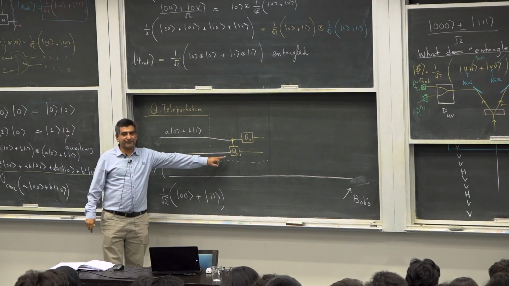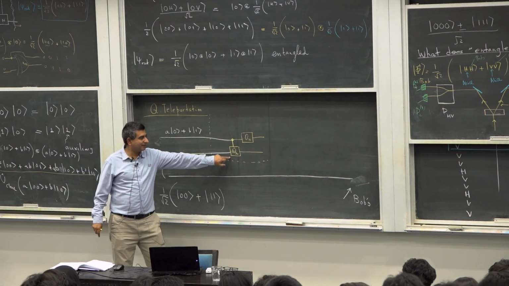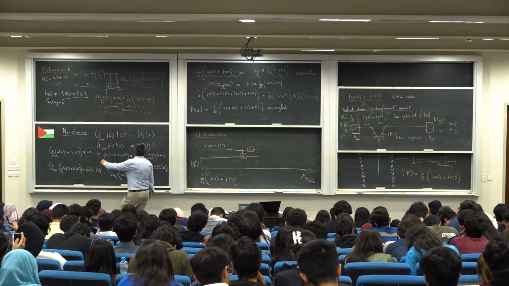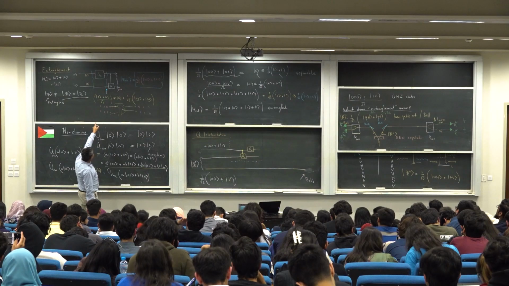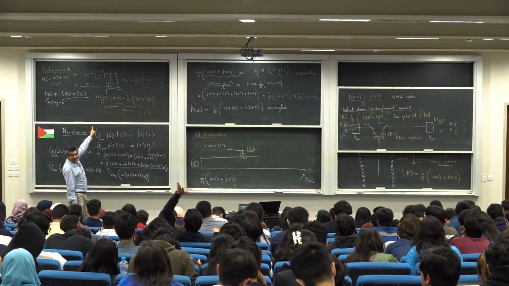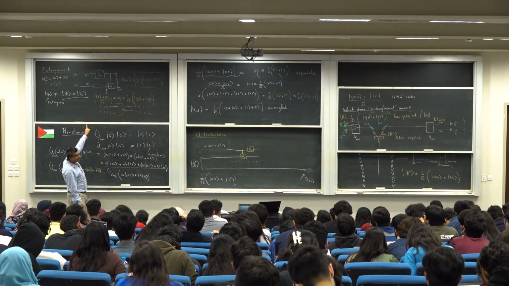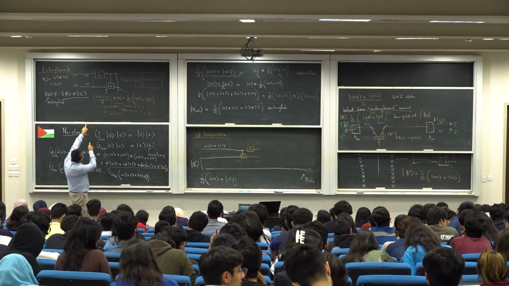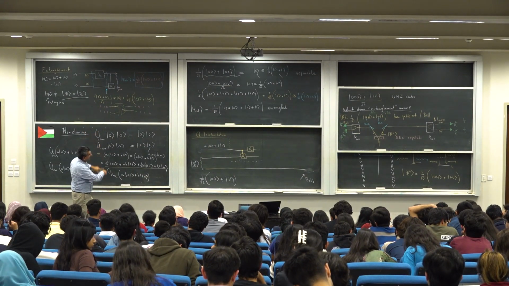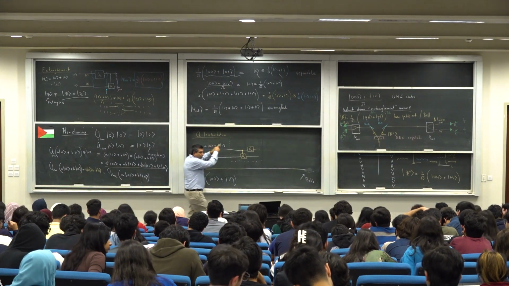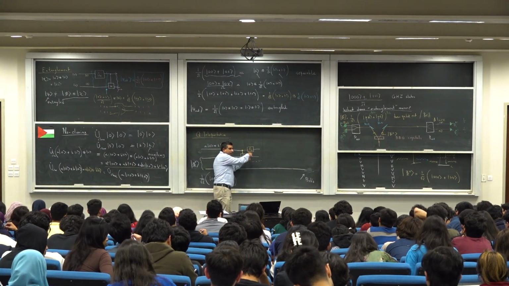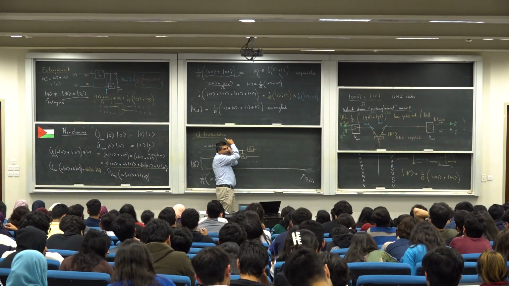However, after this NOT gate and this Hadamard gate, which is presumably the reverse of what we have over there, I've drawn the reverse circuit to that Bell state creator. So here we had a Hadamard gate followed by a controlled NOT gate. Here we have a controlled NOT gate followed by a Hadamard gate. And one of the homework problems talks about whether this gate is the reverse of that.